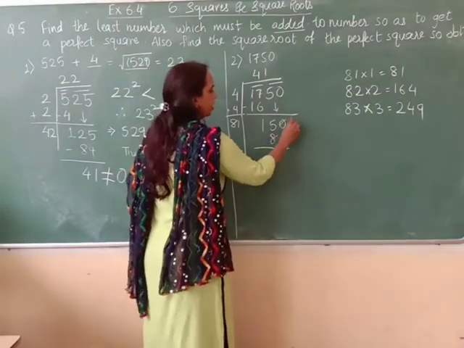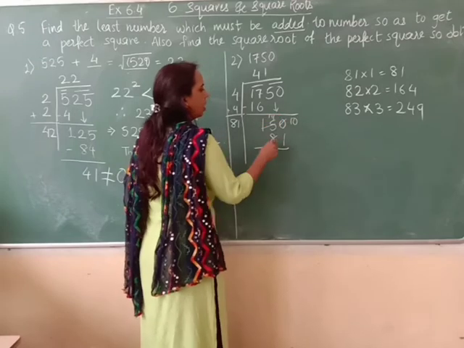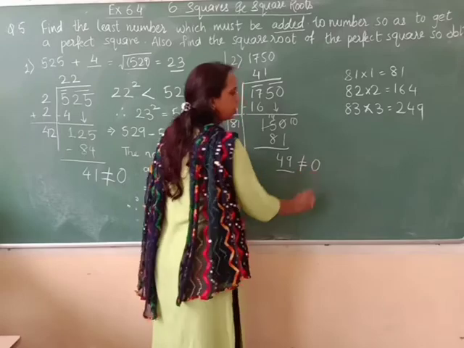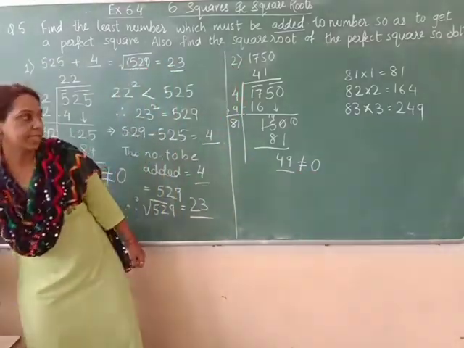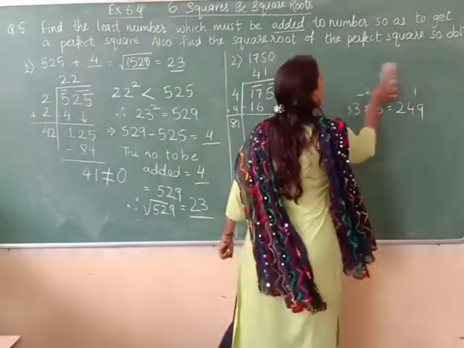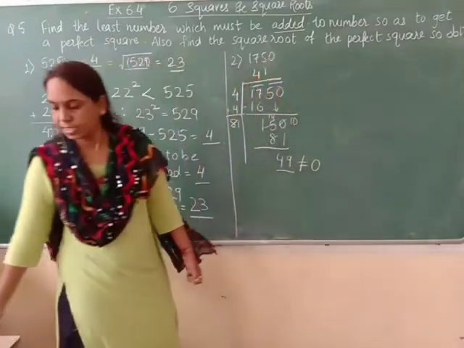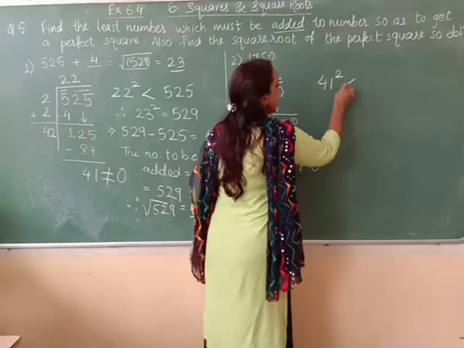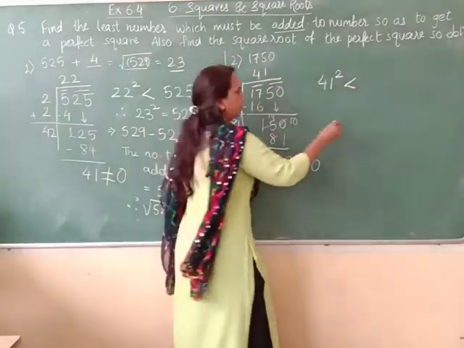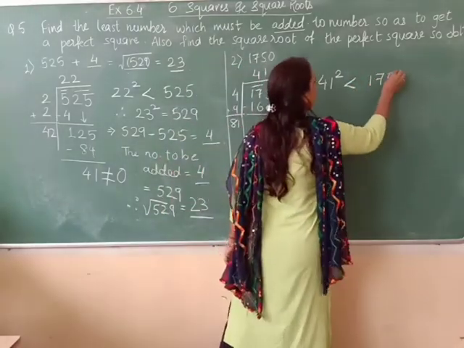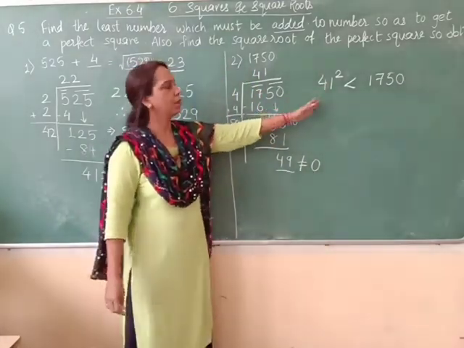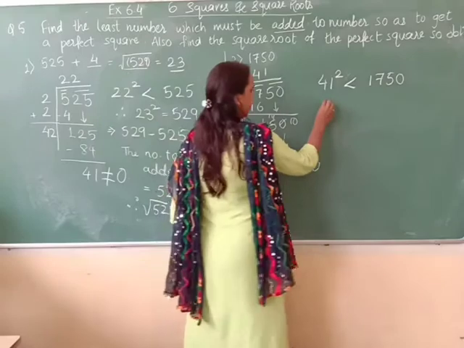So in the first step, what do we have here? 9 and 49, which is not equal to 0. So we can say that 41 square is less than the given number. So what will we do? We will take the next number after 41, that is 42 square.